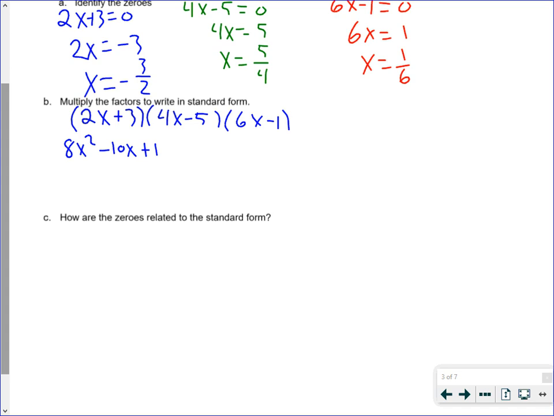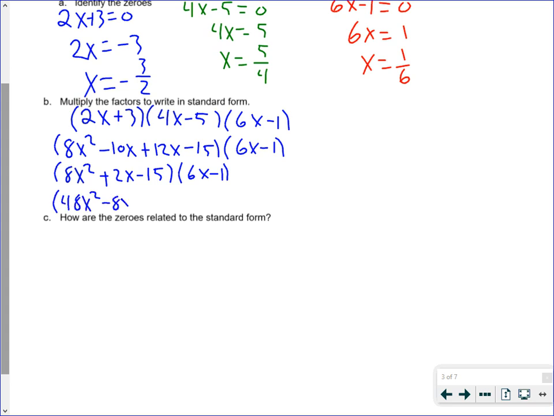And when we do, this is what we get. All multiplied with 6x minus 1. We'll add like terms. And we'll multiply our new polynomial with our last factor of 6x minus 1.